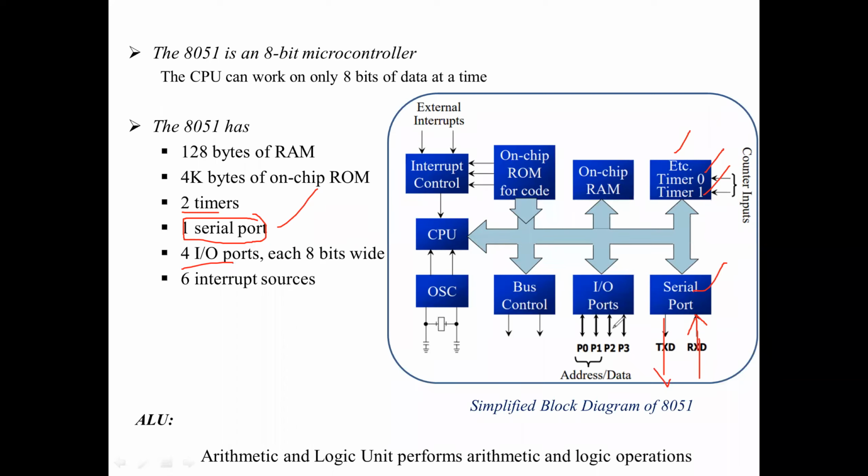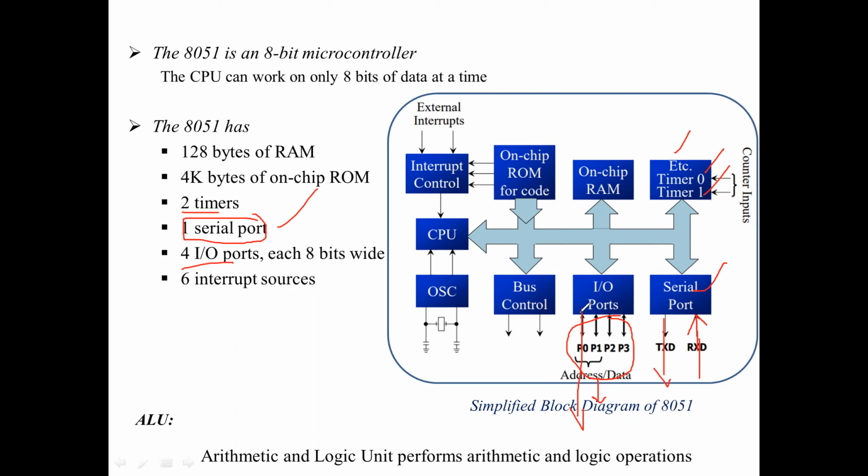And we have general input output ports. These ports are used to send data in parallel. For example, if you place 8 LEDs in parallel, you can blink those LEDs for indication, or you can place a buffer. Or if you want to use only one bit, only one LED, you can use any one port pin.